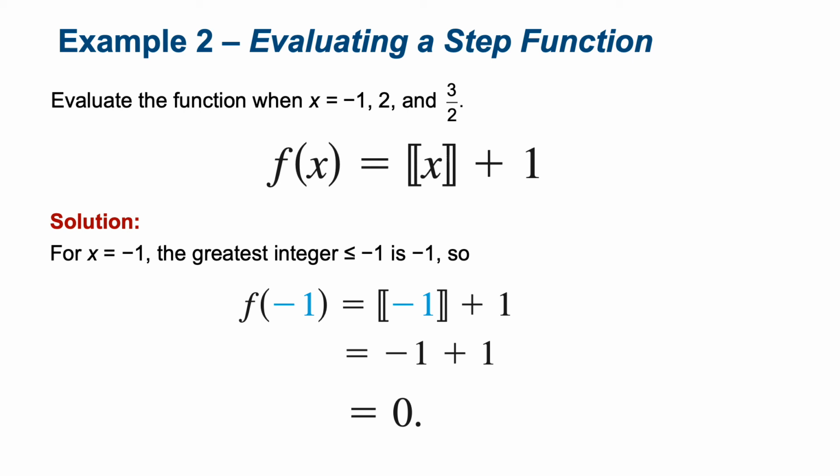All right, so let's evaluate a step function. Let's evaluate the function when x is equal to negative 1, 2, and 3/2. If I plug in negative 1, remember the greatest integer of negative 1 is negative 1. So f of negative 1 is equal to negative 1 plus 1, so that's 0. That's because you're basically taking the greatest integer function and adding 1 to it. Let's do another one.